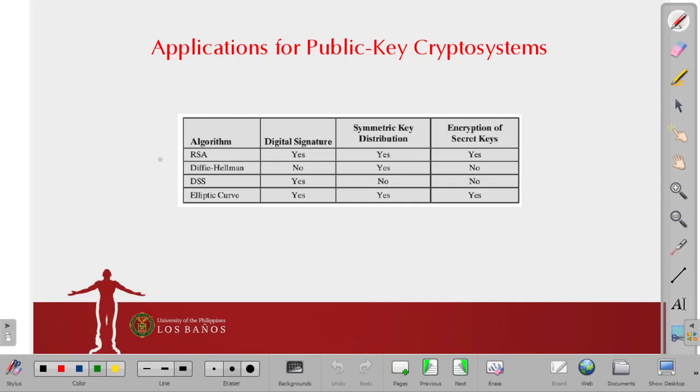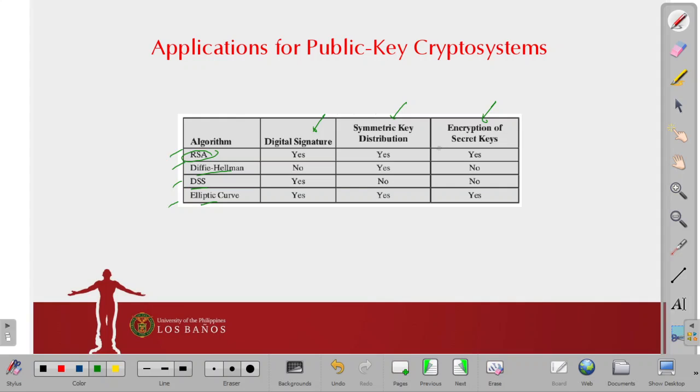So we have four common algorithms. We have RSA, we have Diffie-Hellman, we have digital signature standard, and we have elliptic curve cryptography. And it's a table that indicates whether the algorithm can be used for digital signature, symmetric distribution, and encryption of secret keys.